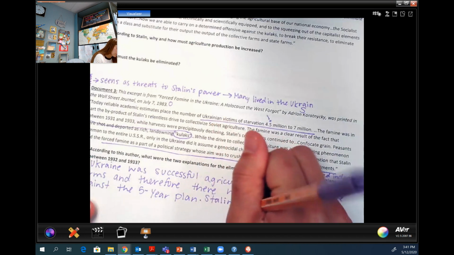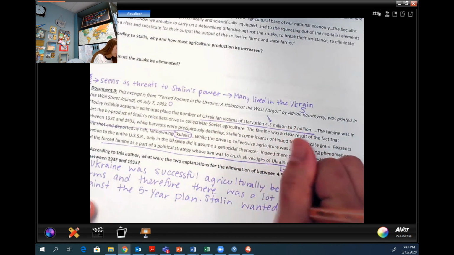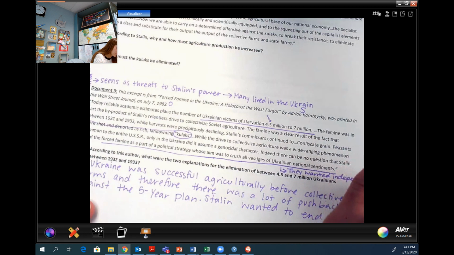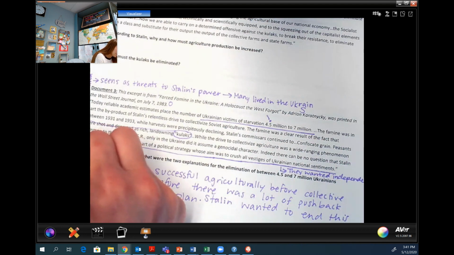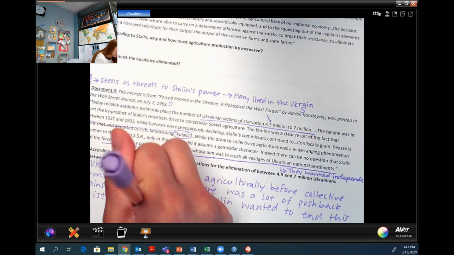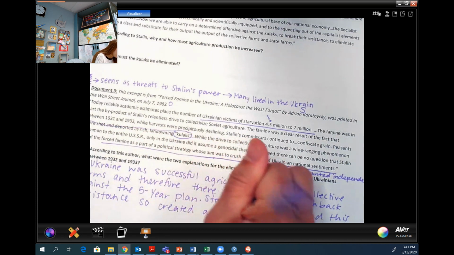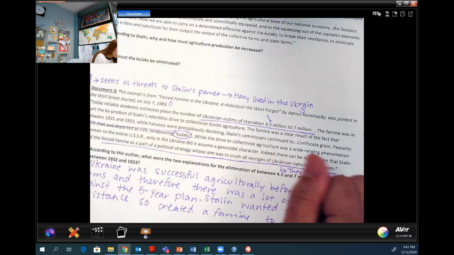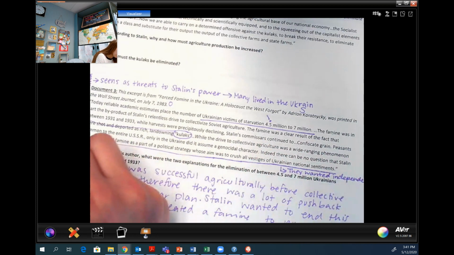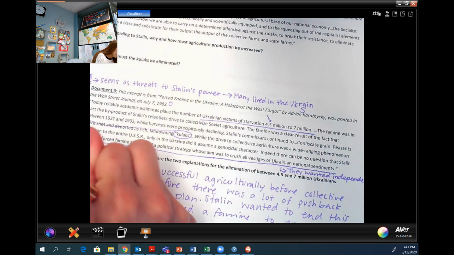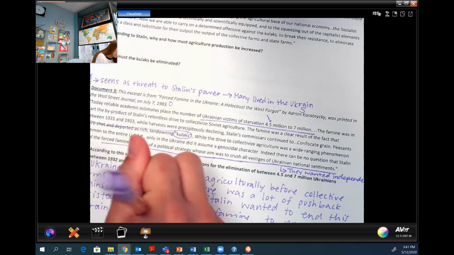Stalin wanted to end this resistance, so created a famine to purge the Ukrainian people.